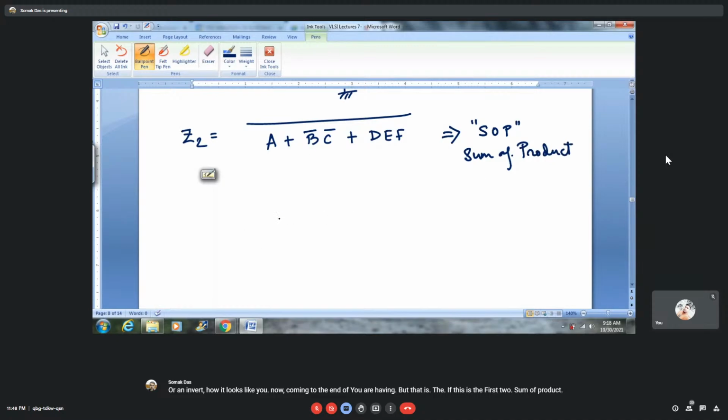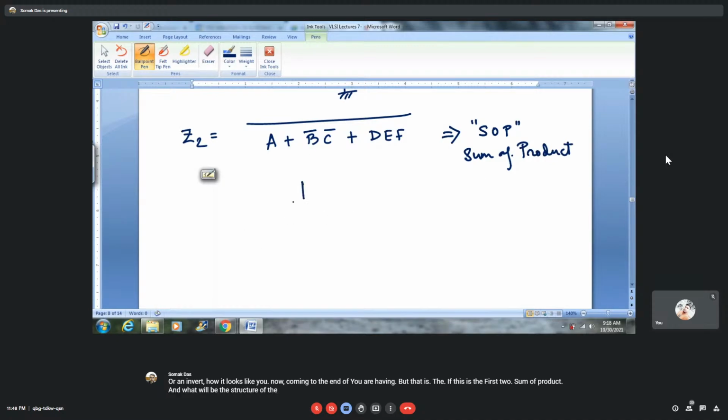What will be the structure of the CMOS circuit? Forget about the PMOS network, which is just the reversely aligned transistors. We'll be using that as a black box.